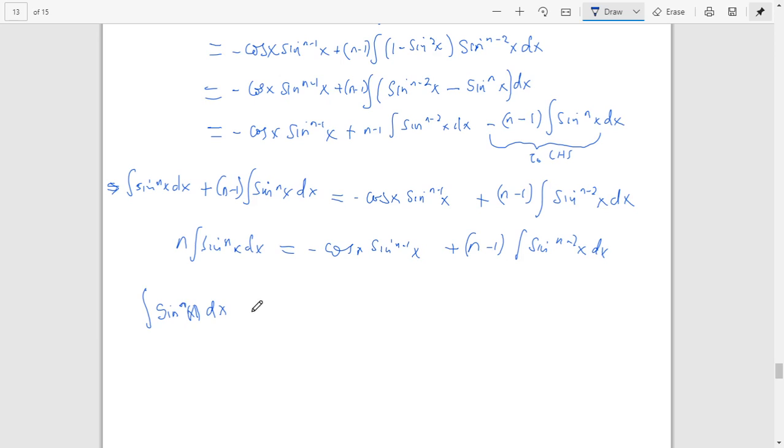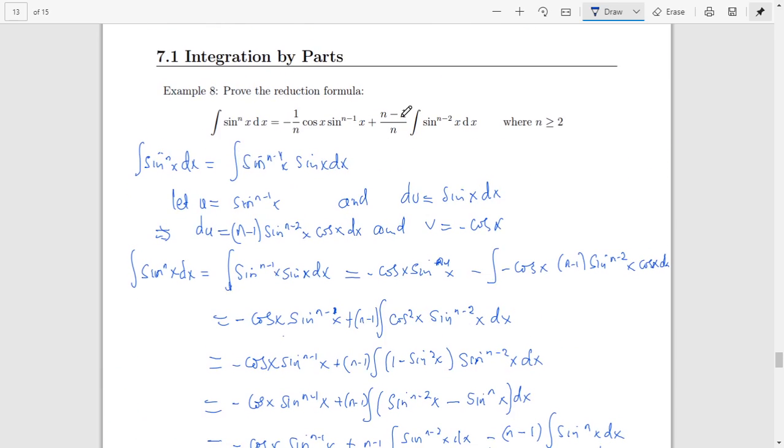It's equal to minus 1 over n, because we are dividing by n, cosine of x sine to the power of n minus 1 x, plus n minus 1 all over n integral of sine to the power of n minus 2 of x dx. And this formula is called the reduction formula. We've gone from an integral of sine to the power of n to an integral of sine to the power of n minus 2. So here is the formula, and we proved it.